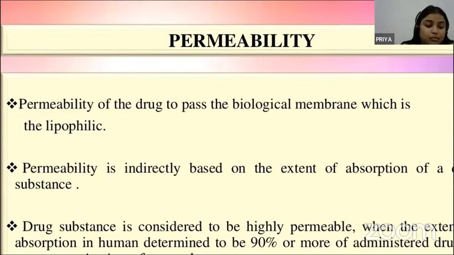Permeability is a factor of BCS classification because it means how the drug is absorbed in our body. When the drug is absorbed, it reaches the systemic circulation, and the chances of therapeutic effect are enhanced.